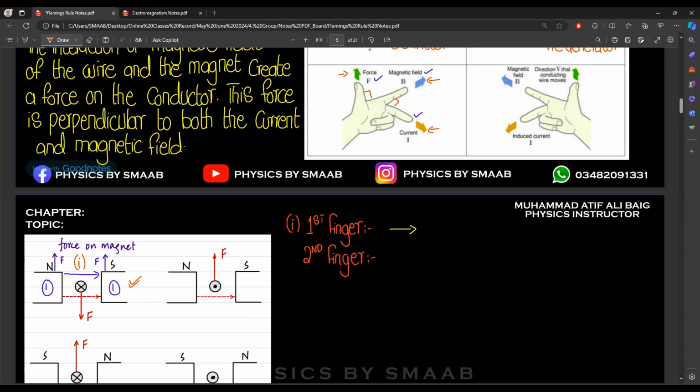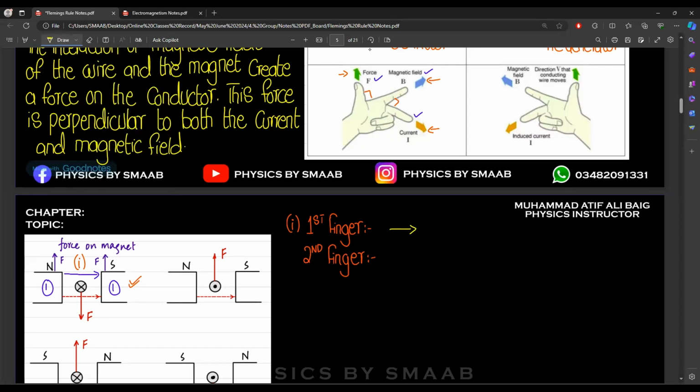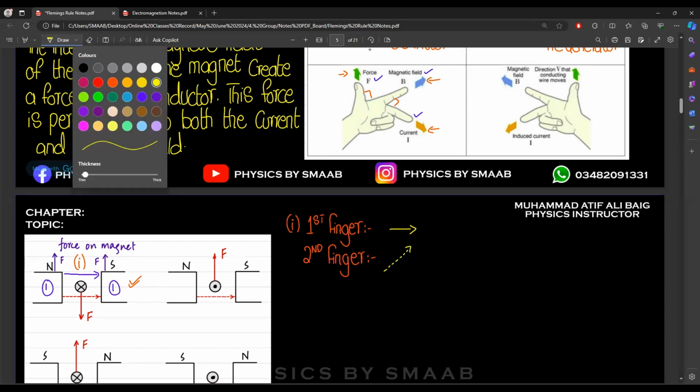We use the second finger for electric current. So your second finger will be towards your screen, like this. That will be on the Z axis. That is moving into the paper.